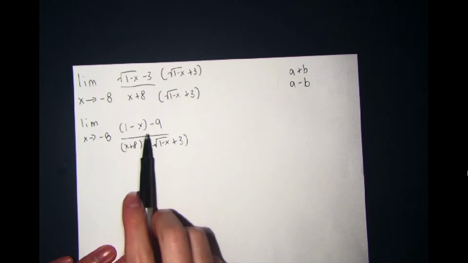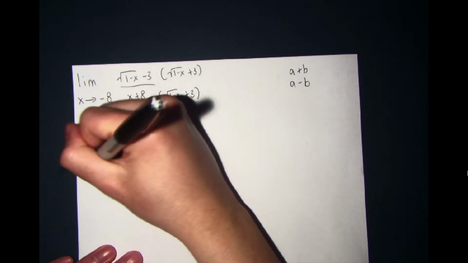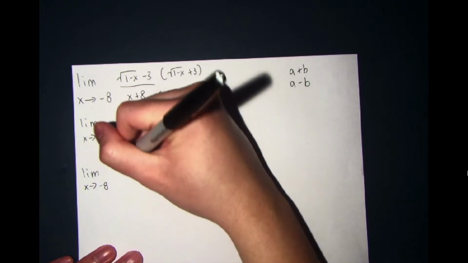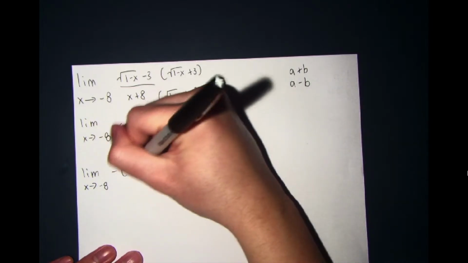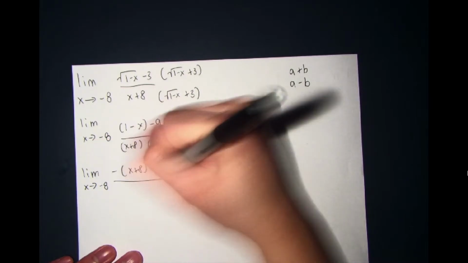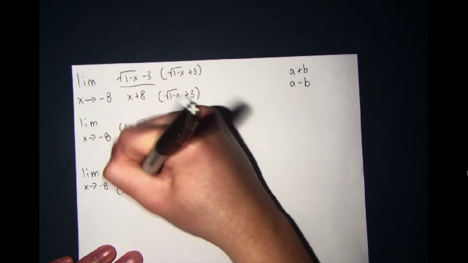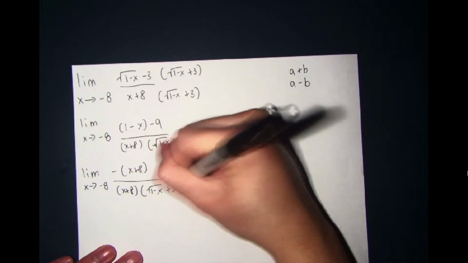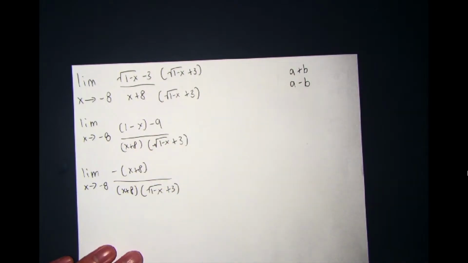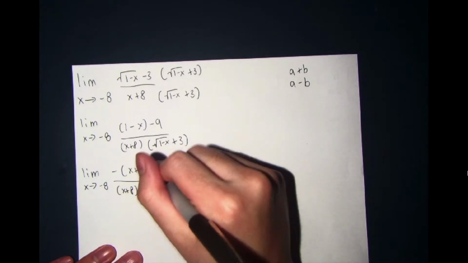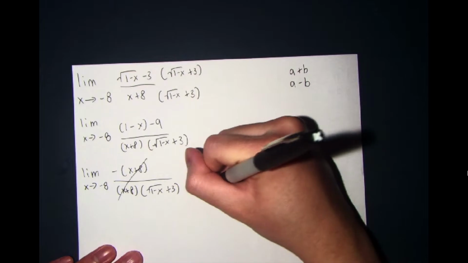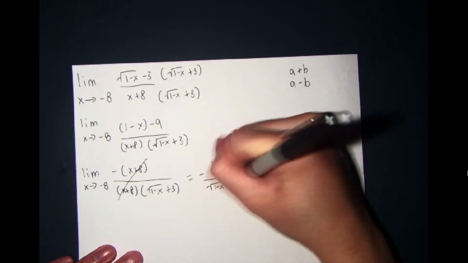And the top here can actually simplify to limit x approaches negative 8, negative x plus 8 over x plus 8, and root 1 minus x plus 3. And here you can see that the x plus 8s can cancel out, which leaves you with negative 1 over root 1 minus x plus 3.